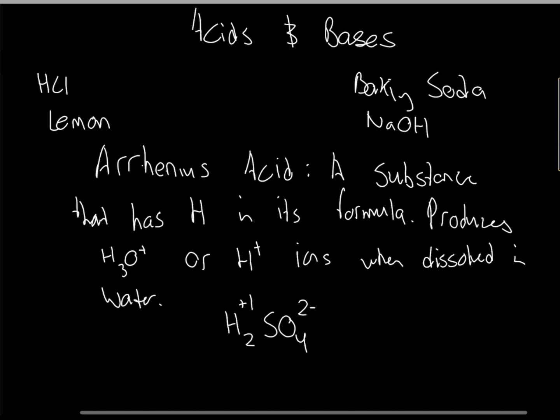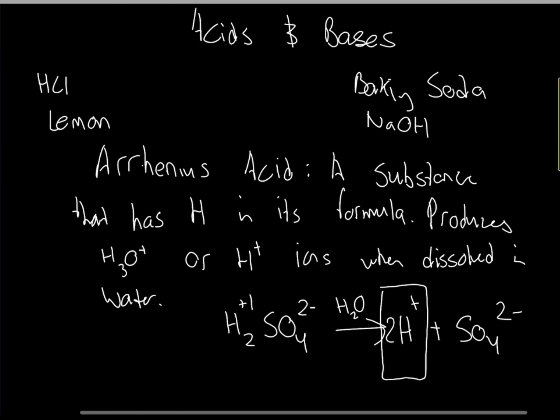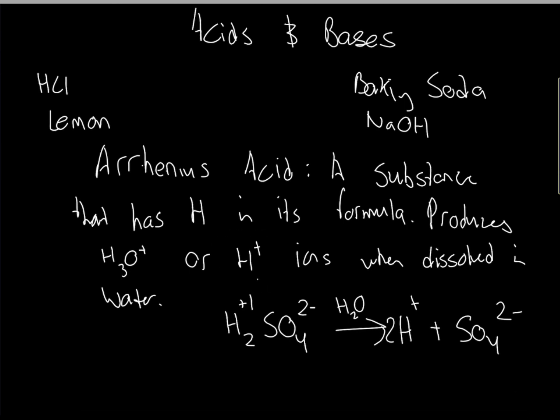So this is an ionic compound. When you dissolve this in water, it breaks up into H plus ions and SO4 2- ions. So it's actually 2 H plus ions and an SO4 2- ion. Obviously you can see from this equation that this is an acid because it releases H plus ions.